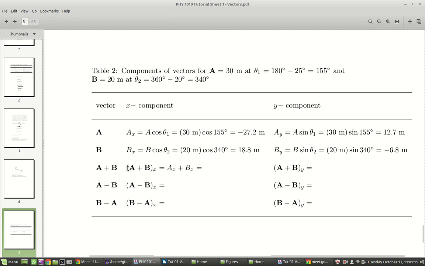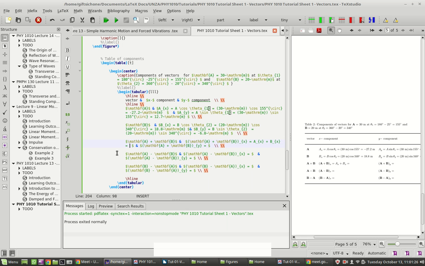So this is equal to ax plus bx. We have ax, we've got bx, so we substitute. Is that clear? Yes.